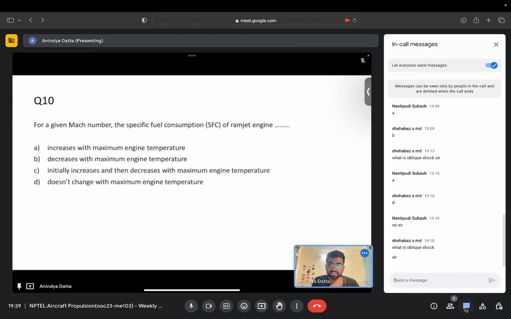So what is SFC? SFC is specific fuel consumption, right? And what is our maximum engine temperature? This T04, right?